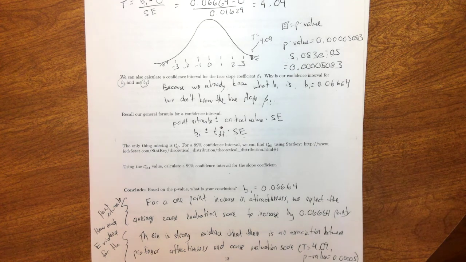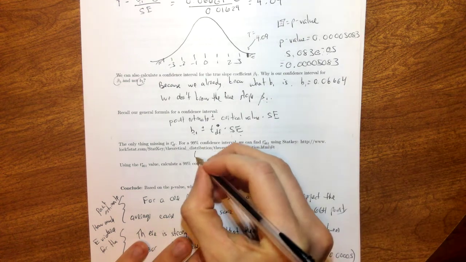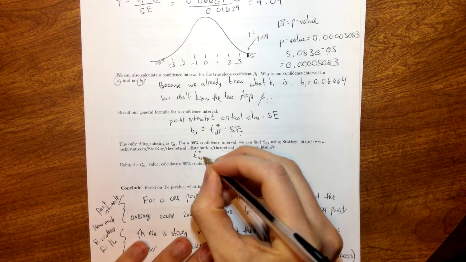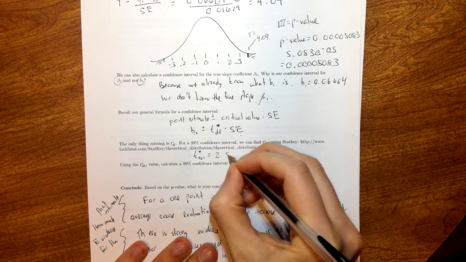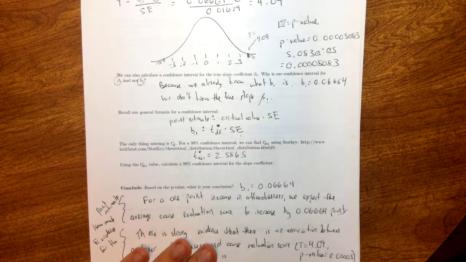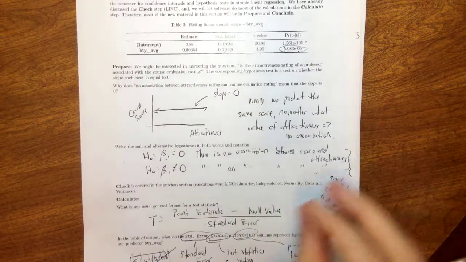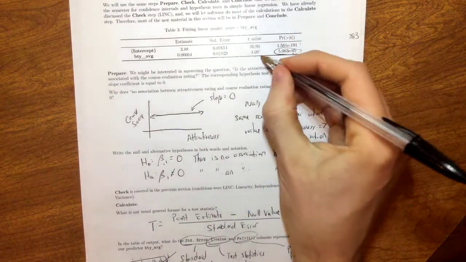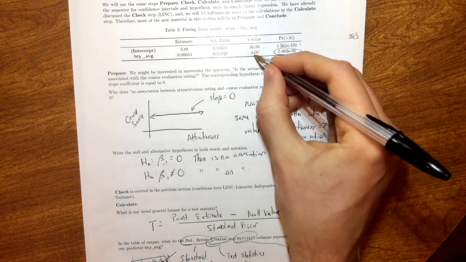In this example, we're going to suppose that we want a 99% confidence interval. We can grab that t star value with 461 degrees of freedom from StatKey, and if you do that, you should get 2.5865. A word of warning: it's a little confusing that the t star is not the t stat value in the table.